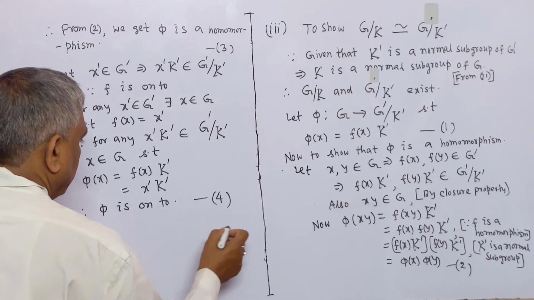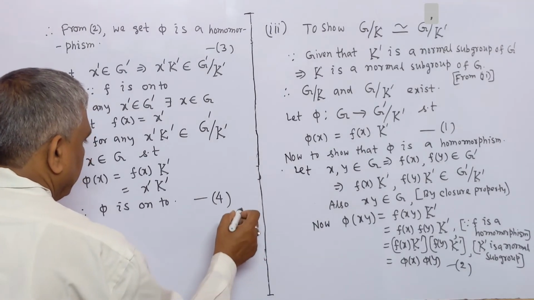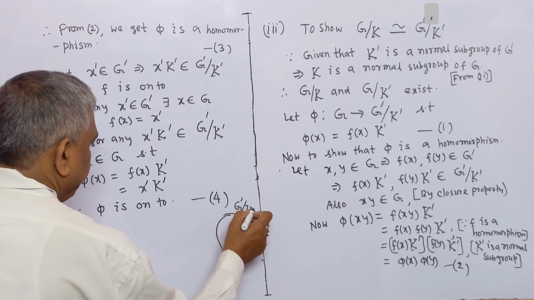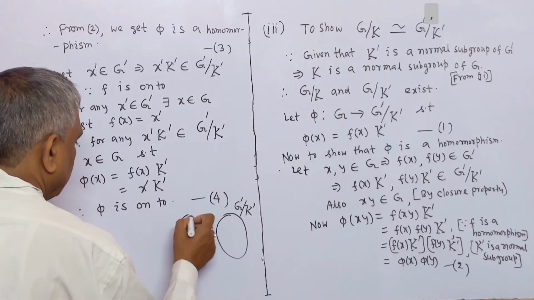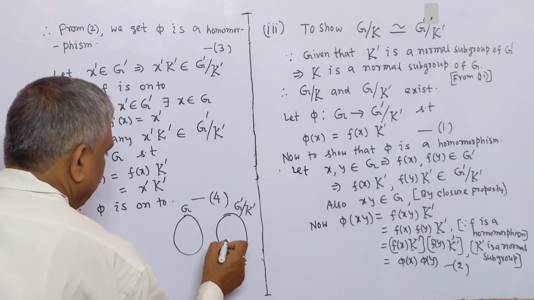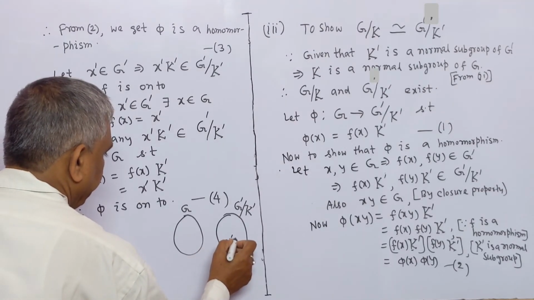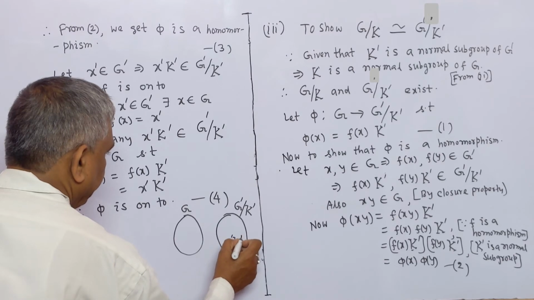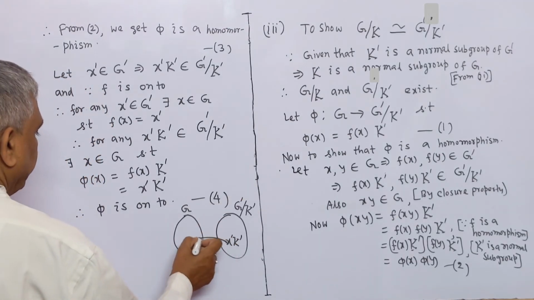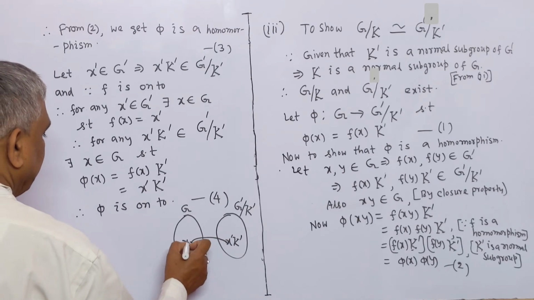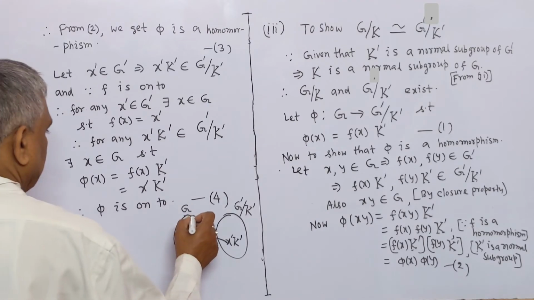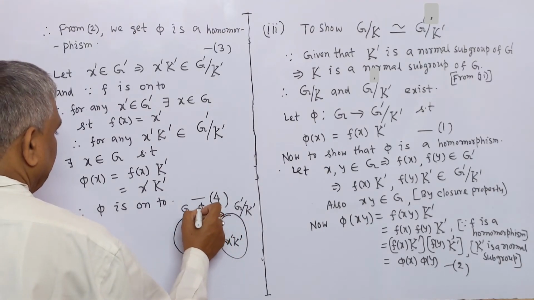Here we have G' by K', and this is group G. For any element x' K' belonging to quotient group G' by K', we get a pre-image x in G. This is phi.